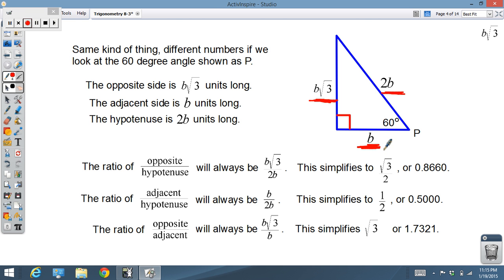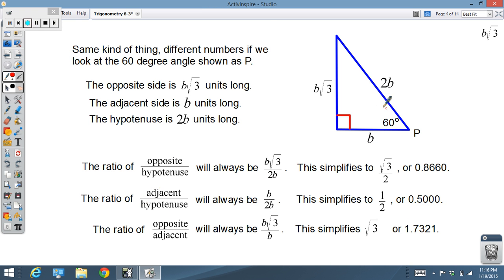Opposite, adjacent, hypotenuse. So the ratio of the opposite over the hypotenuse is B times the square root of 3 over 2B, which simplifies to 0.8660. The ratio of the adjacent side to the hypotenuse is B over 2B, which simplifies to 1/2, or 0.500.